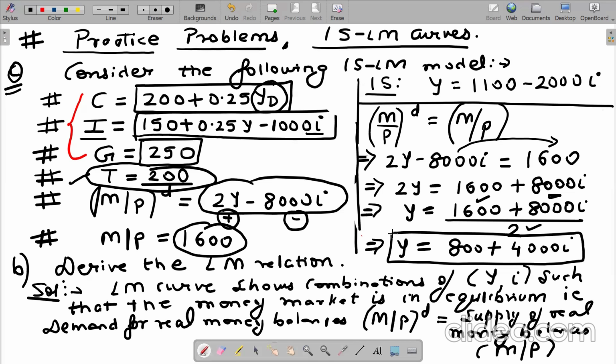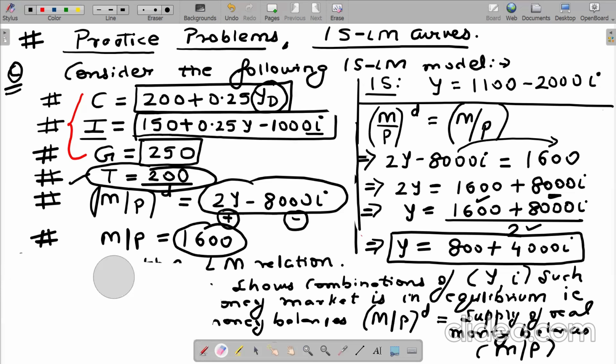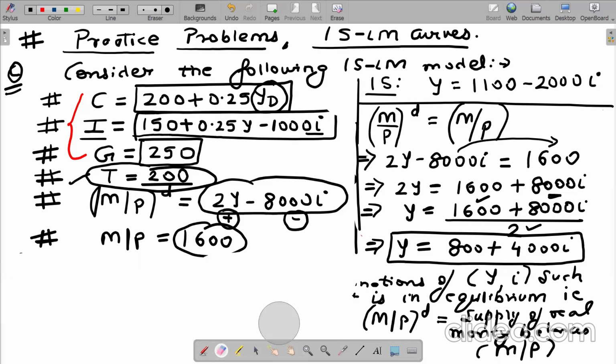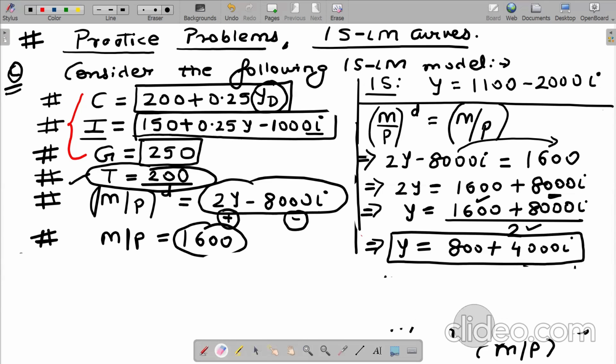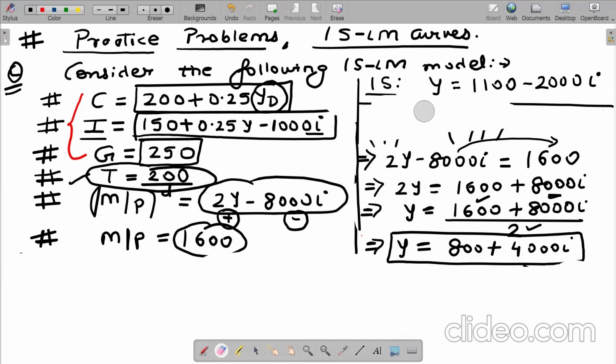Okay, so now let us see what the next point in this particular question is asking us. So erasing all this, I'm also erasing this particular portion, and I'm writing here the equation of the LM curve.